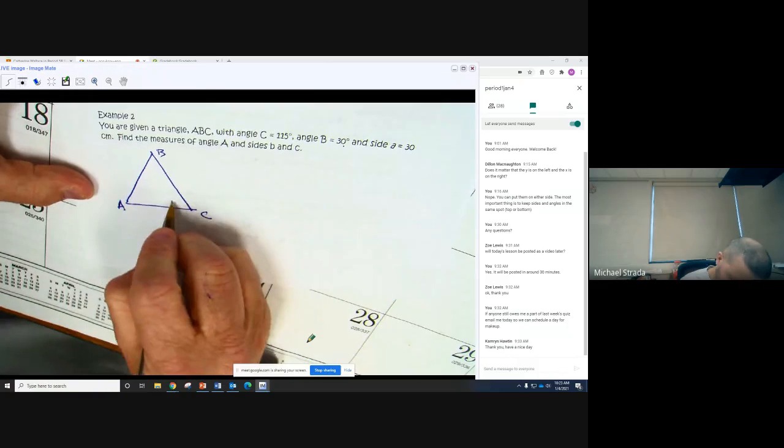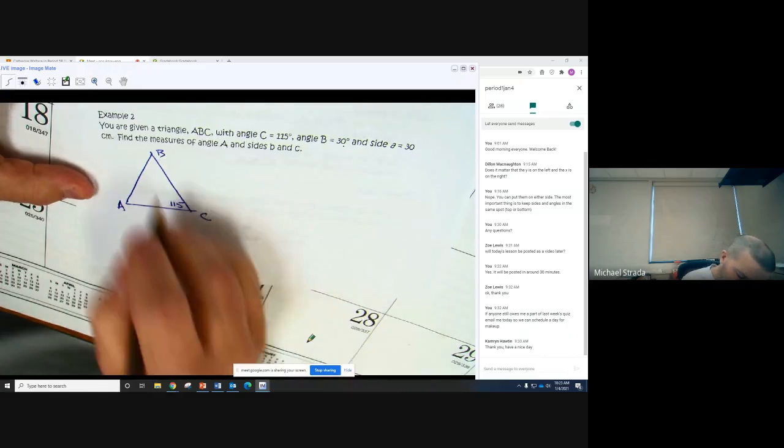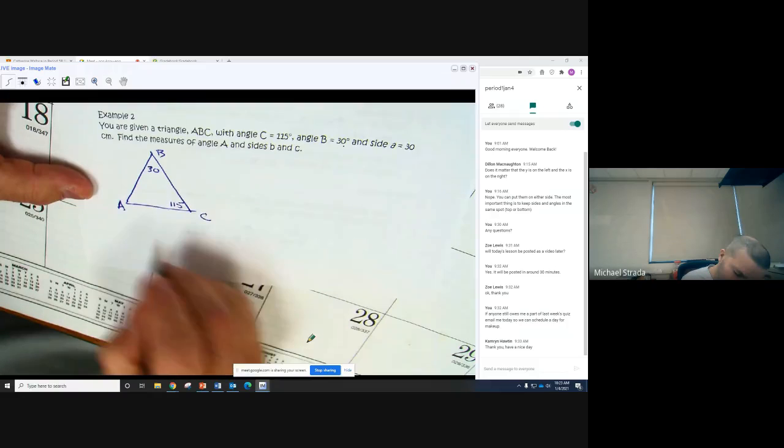Angle C is 115 degrees, which is obtuse, which is fine. Angle B is 30 degrees. And side A is 30.